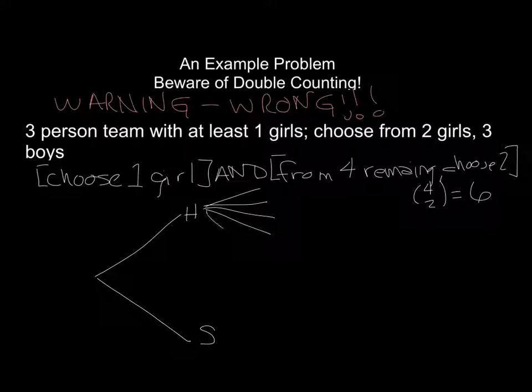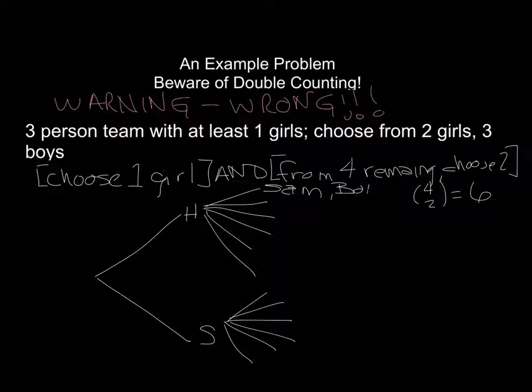So let's say the first pair might be the boy Sam and the boy Bob. But maybe the second possibility is the boy Sam and the girl Sabrina. I'm not going to fill out the rest; I've filled out enough of this part of the tree diagram.